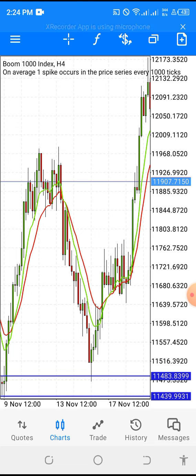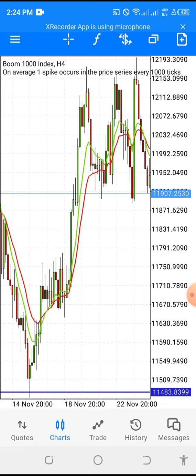So when you get a demand zone on boom, maybe boom 1000, boom 300, or boom 500, you have a high probability of the asset spiking a lot and going up. But when you see it on crash, that means it will be dropping. That's why I said you trade demand on boom, then you trade supply on crash.